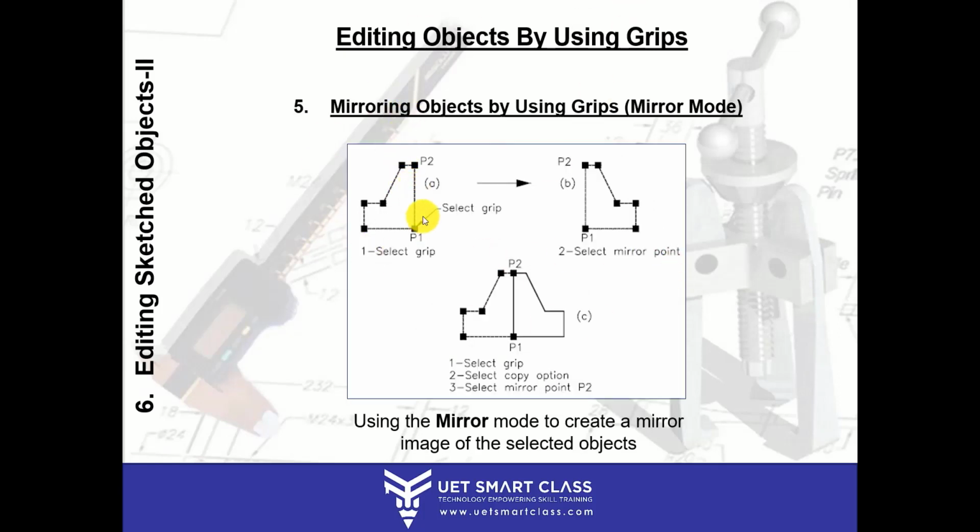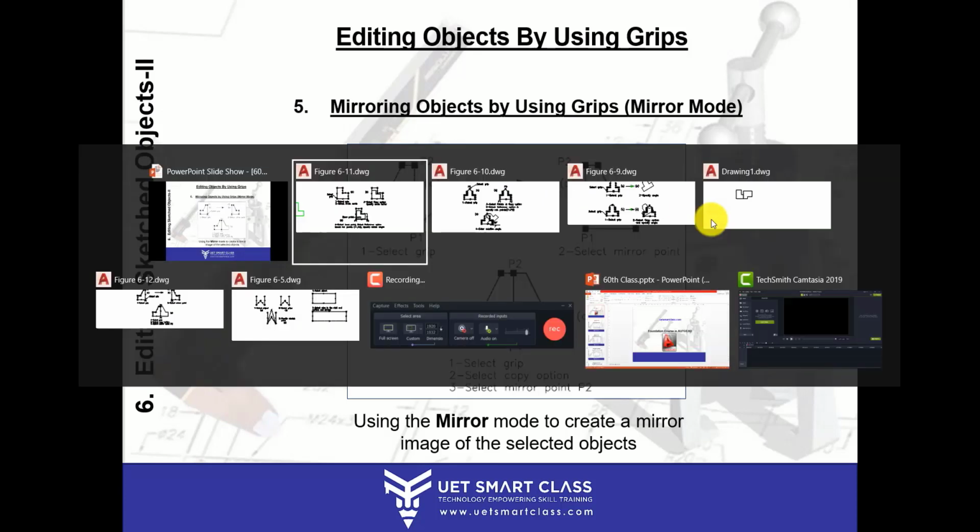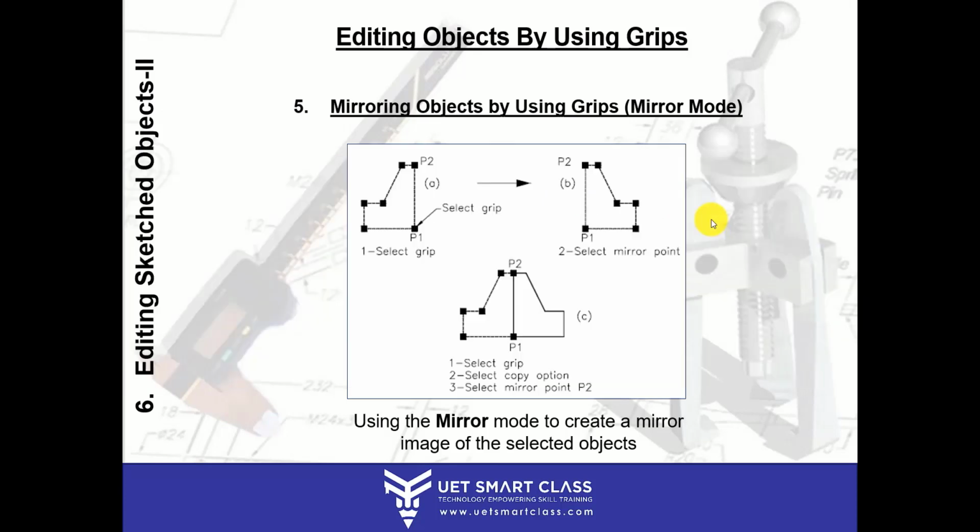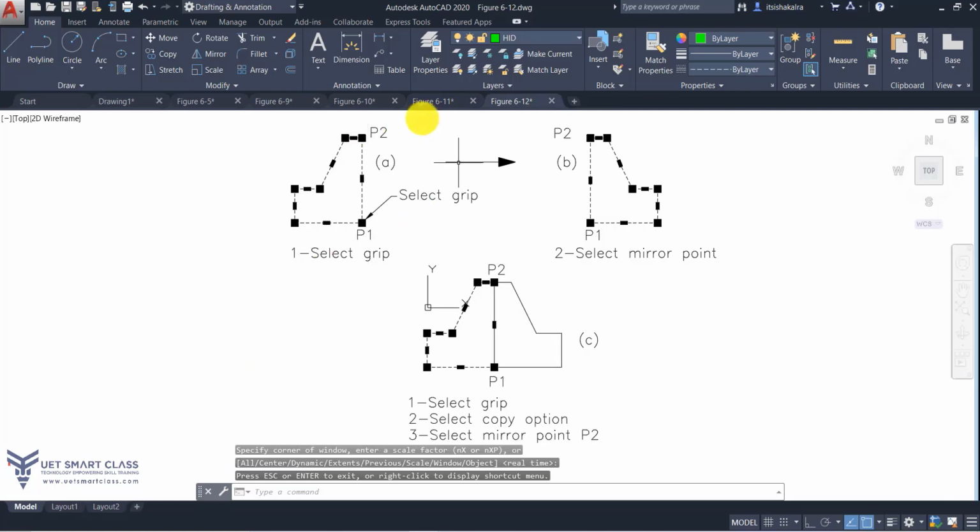Here again, select the grip. When it becomes red, right click, go into the shortcut menu and select mirror. When you give 2 mirror points, for example P1 and P2, it will create a mirror image, but it will erase the source object.